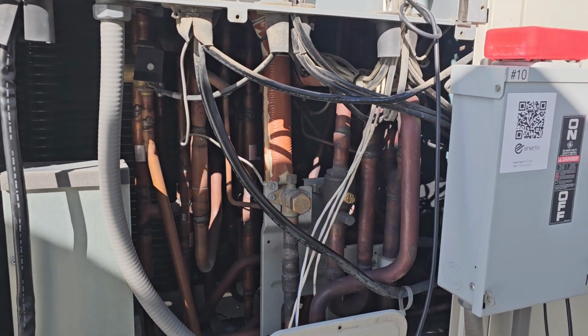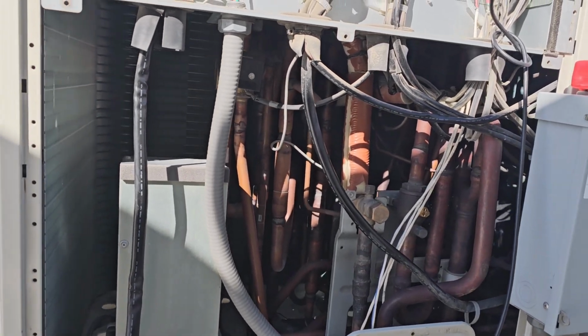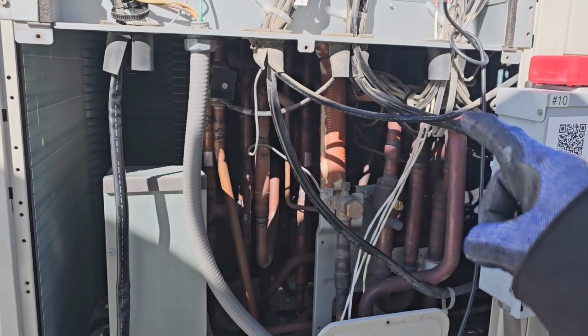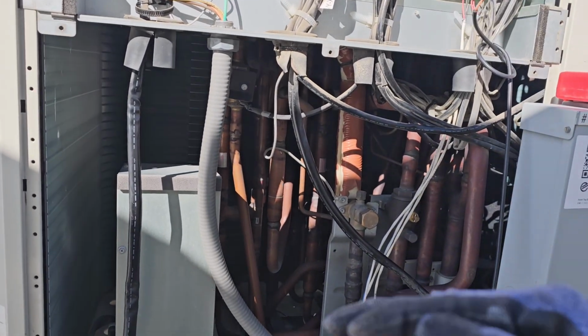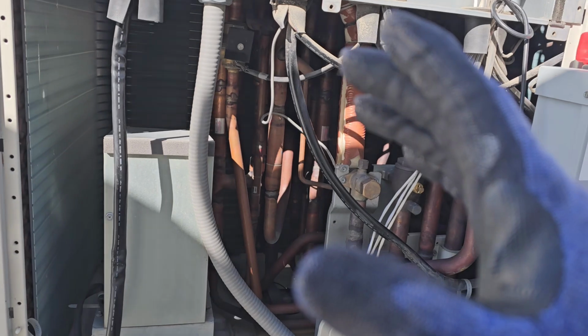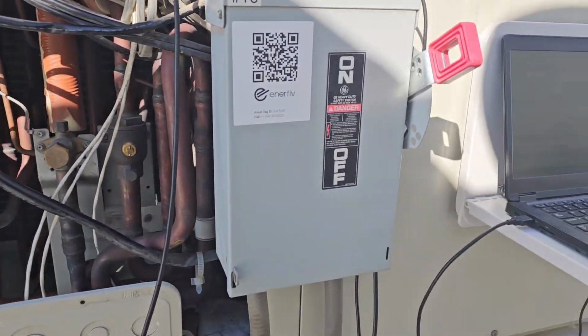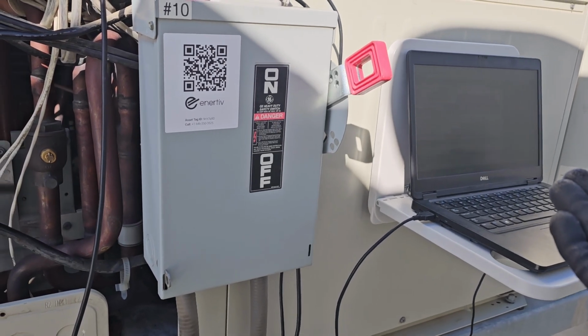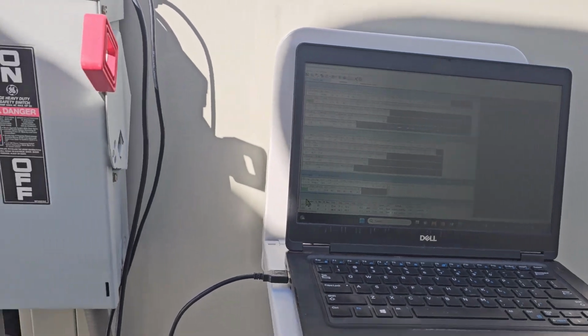But with the full accumulator, I was thinking maybe we have a bad four-way valve that's sending refrigerant through the coil. It's cold out here, it's gonna rapidly condense all that liquid. Just following the temperatures on here and just saying to myself, this just doesn't make sense. It doesn't seem like it's flowing.